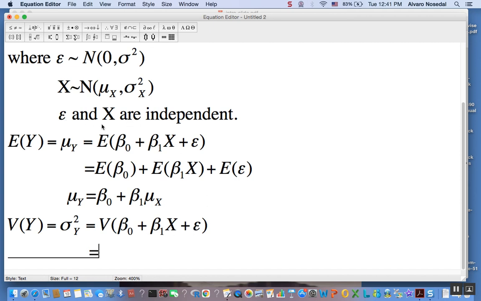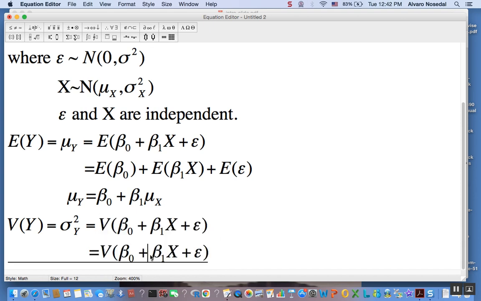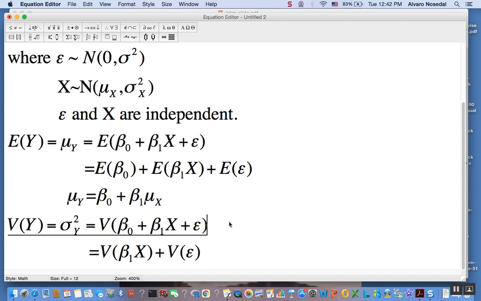By assumption, epsilon and x are independent, and this is just a constant, and the variance of a constant is 0. So we are going to only have the variance of beta 1 x plus the variance of epsilon, and let me mention that we get to do this by independence.